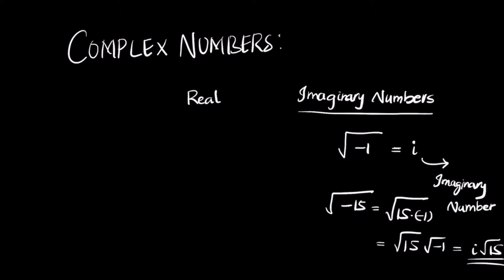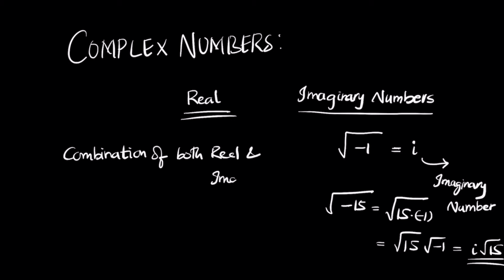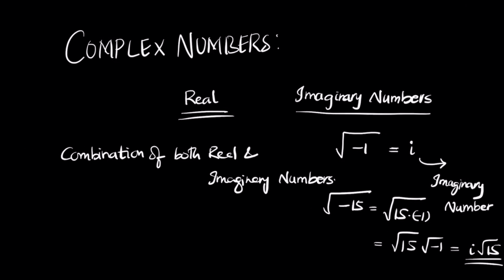So complex numbers are a combination of both real and imaginary numbers. Think of them as the superset of real and imaginary numbers, because they contain both real and imaginary numbers in them.